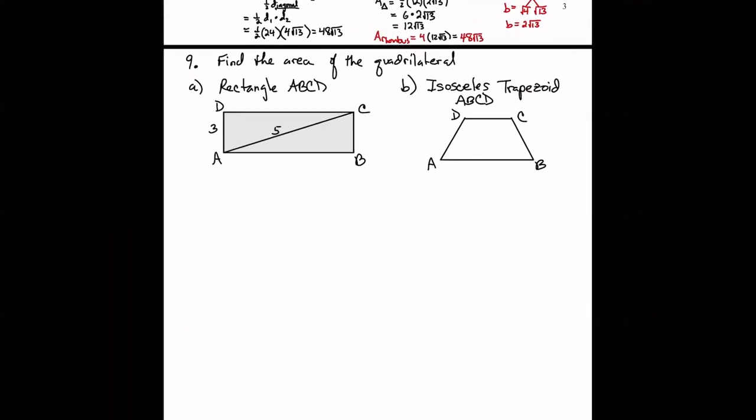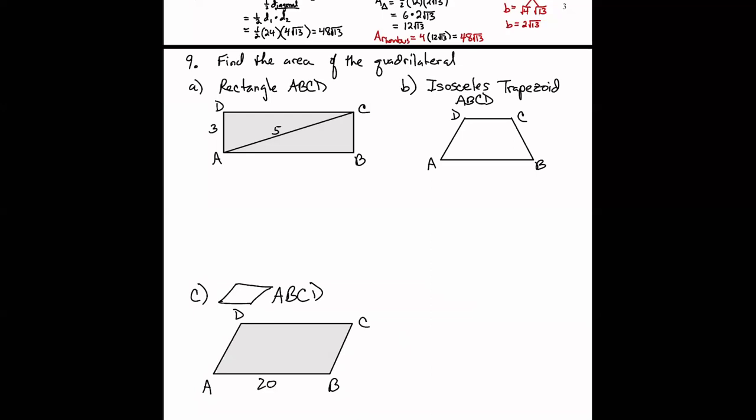And then we already did the rhombus. It wasn't pretty, but we did it. But we'll say parallelogram, ABCD, with base of 20 and line segment here being 8. All right, so three fresh new examples.